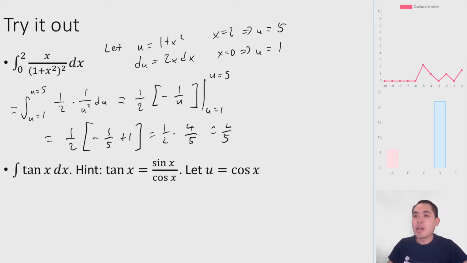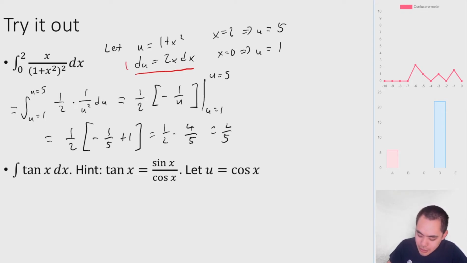Where did the x on top go? So note that you have this du is equal to 2x dx. So that means that x dx is equal to 1/2 of du. And so this x dx turned into this 1/2 du.